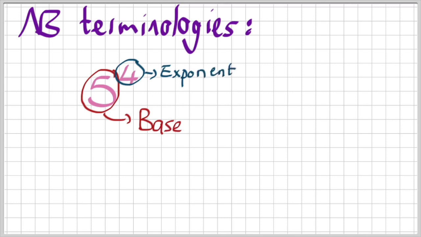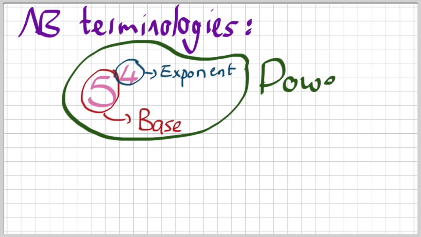In some other curriculums, like the American and some of the British curriculum, they call it an index, but it means the same thing. The whole 5 raised to the power of 4, we call a power.